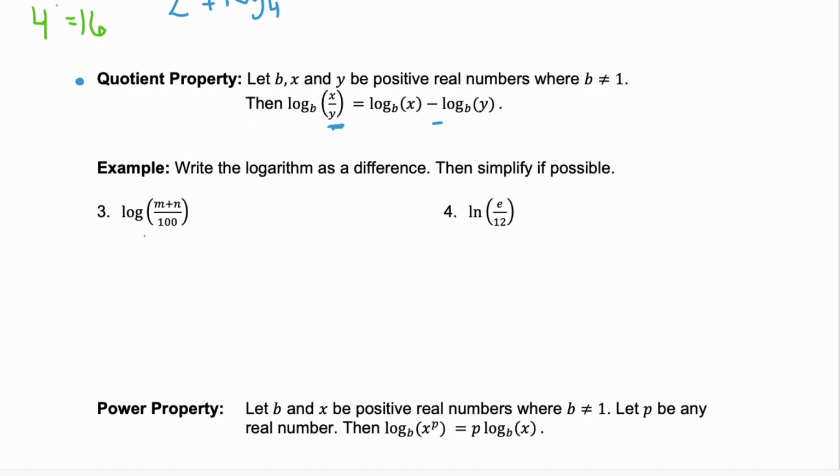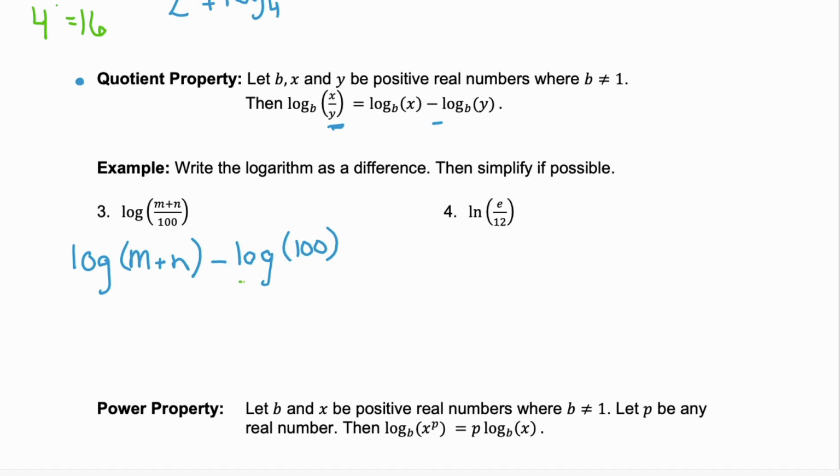In example 3, we're taking the log of m plus n divided by 100. Our first log would be log of the argument m plus n minus the log of the argument in the denominator, 100. Remember, we cannot separate that m plus n. There's no log rule for that.